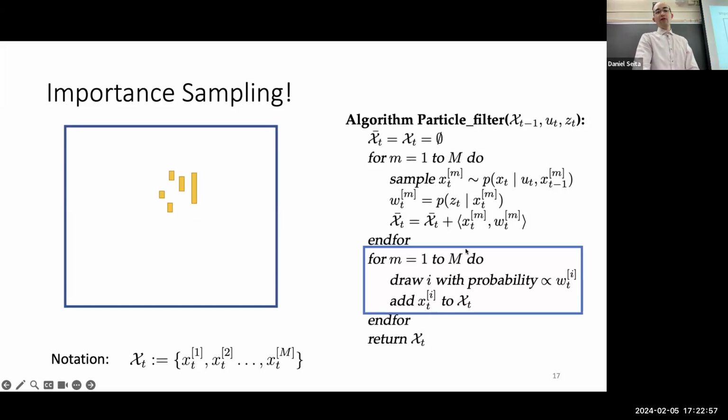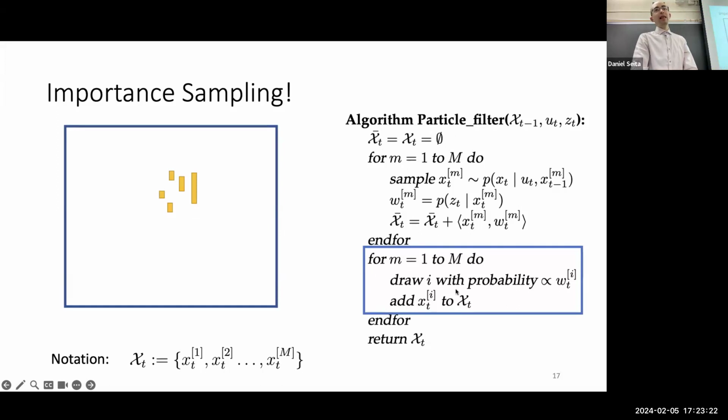For every index, which is some particle, you draw particle I with probability proportional to the weight assigned to it. And then you add this to the set. So xt starts as the empty set, and then you add it.